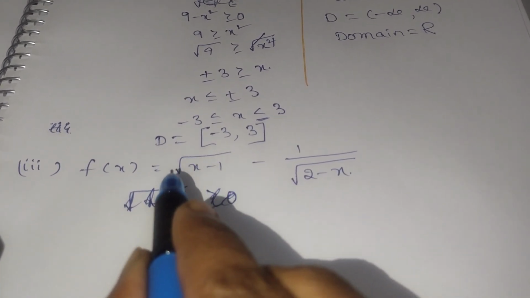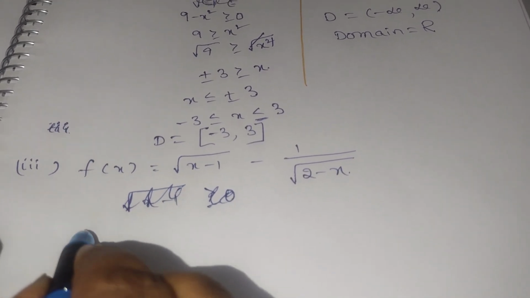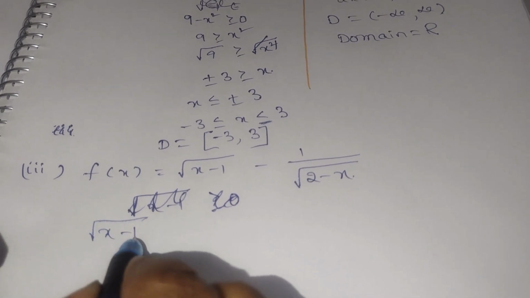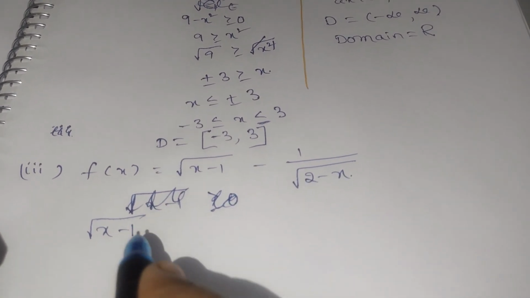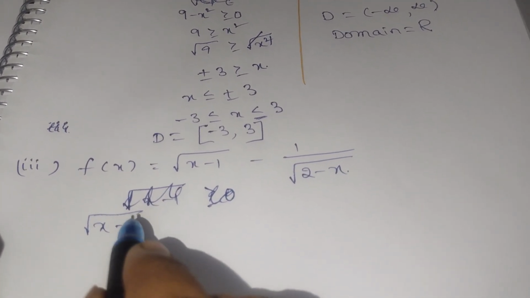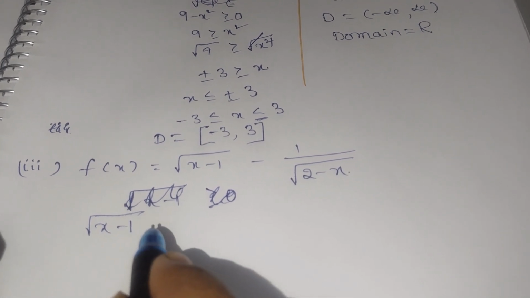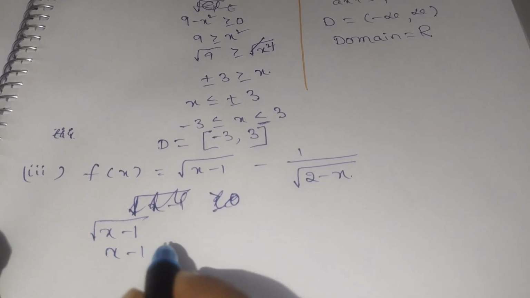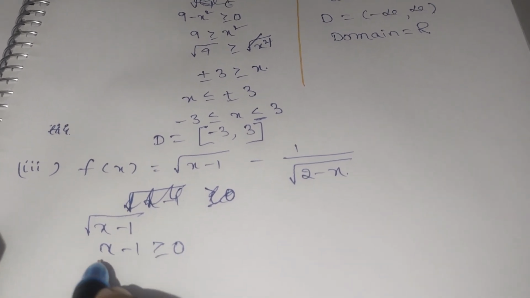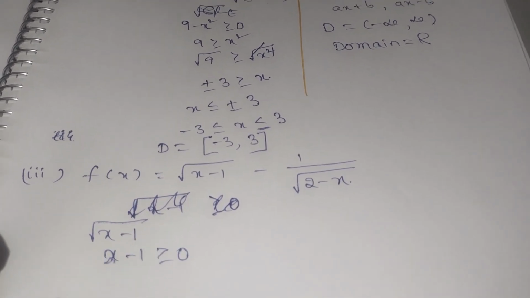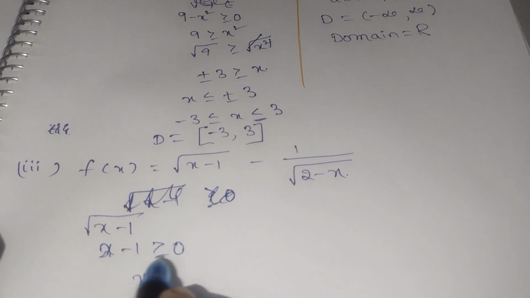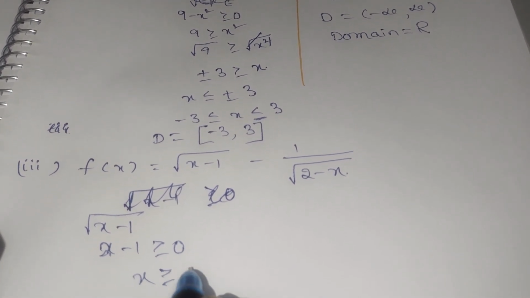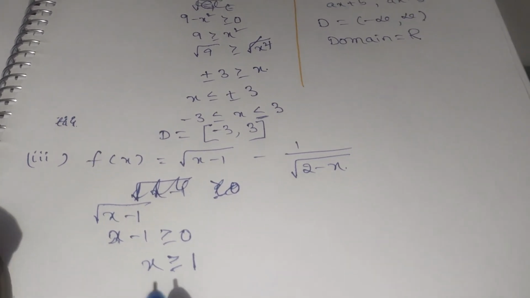So first we solve the first term, that is square root of x minus 1. Just before, I said that the function under the root is greater than or equal to 0. What is the function under the root? x minus 1. That is greater than or equal to 0. Now we want the x value. Send minus 1 to the right hand side. We get x greater than or equal to 1.